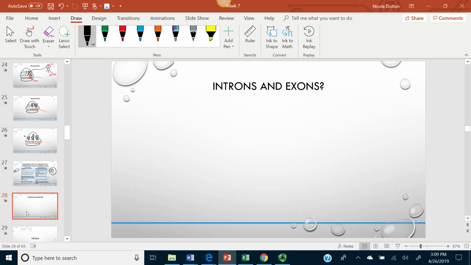So what is an intron? If we have a sequence of DNA, there's the coding regions, and then there's non-coding.